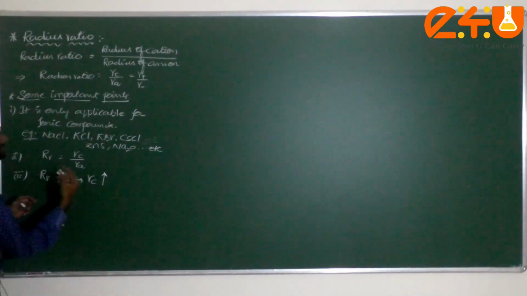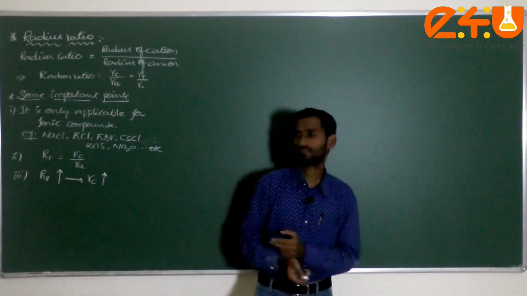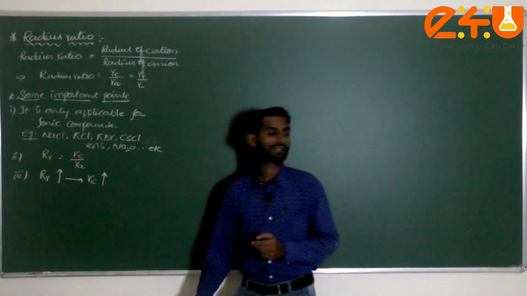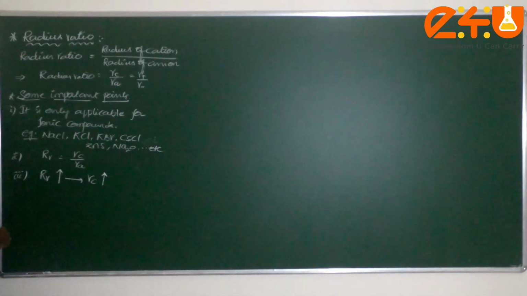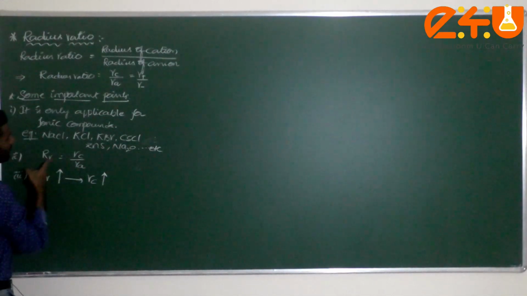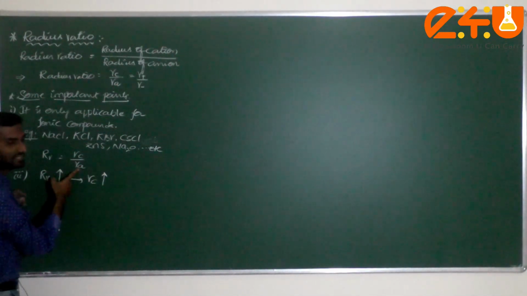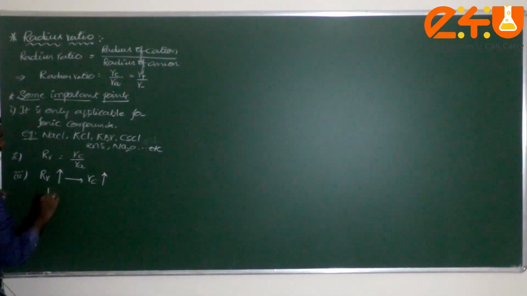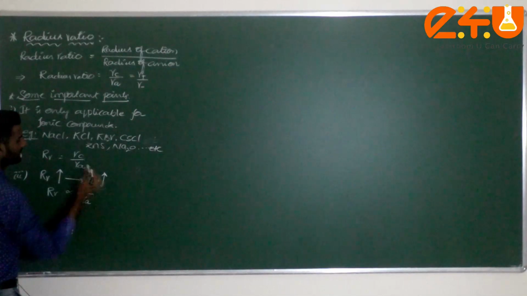That means the size of the cation is more, that will have the more radius ratio. Then obviously we know the radius ratio is inversely proportional to the radius of the anion.